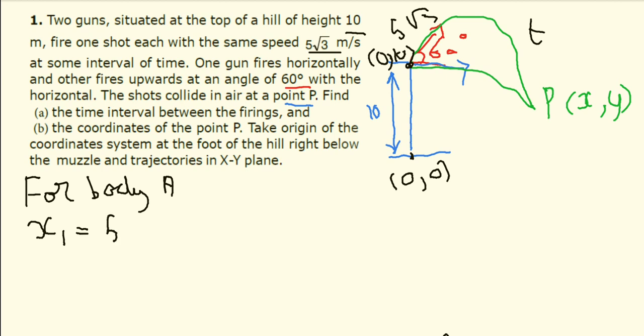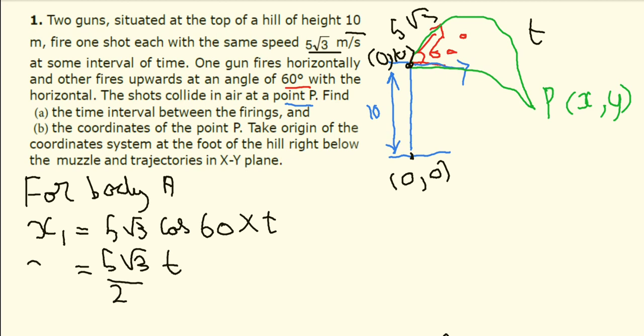So it will be equal to 5 root 3 into cos 60 into certain time t. Okay, suppose it takes time t. So 5 root 3 cos 60, where cos 60 is 1 by 2, into t. This is equal to x1.